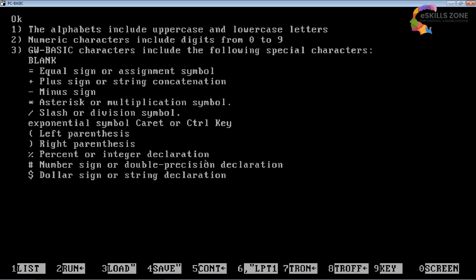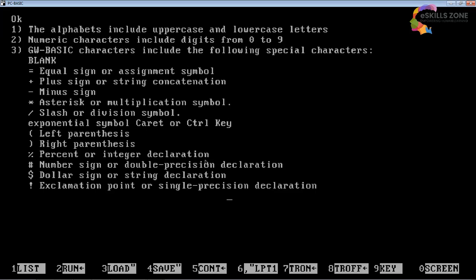Next one is the exclamation point, or single precision declaration.